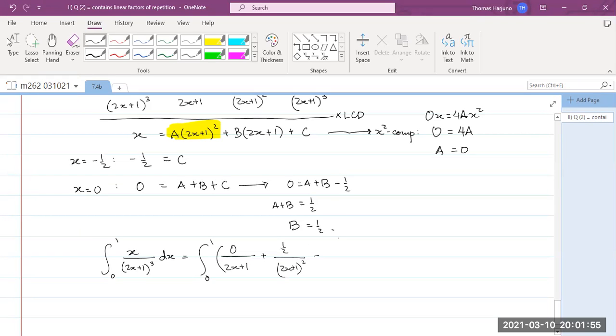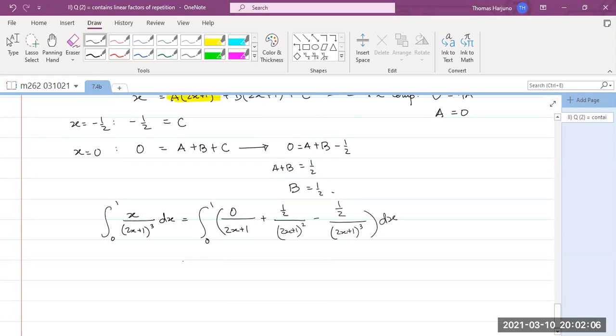The c is negative 1/2. Okay, then when you integrate, you will get negative 1/4 times 2x plus 1.